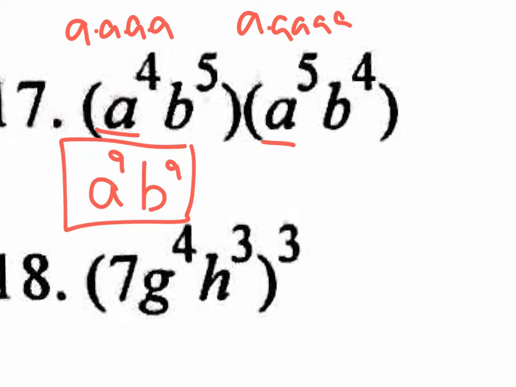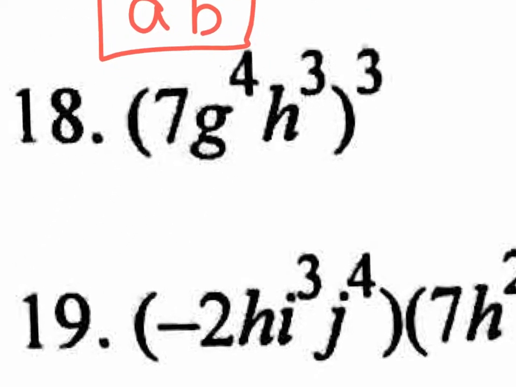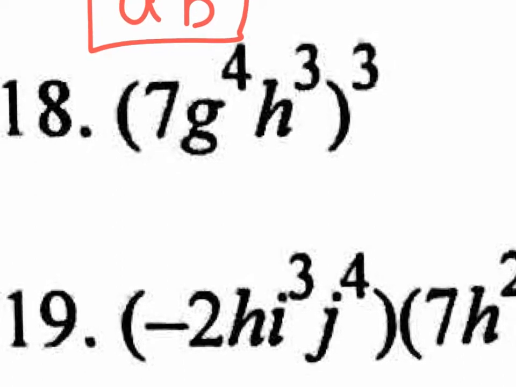Piece of cake? Yes, it is. Number 18. Let's go with the other rule of exponents. When you have parentheses and you have an exponent on the outside, you take this exponent and distribute it to each of the exponents on the inside. And that only happens when you have a monomial. If you had a binomial, like if you had an x plus 2 in here, you could not distribute the exponent.